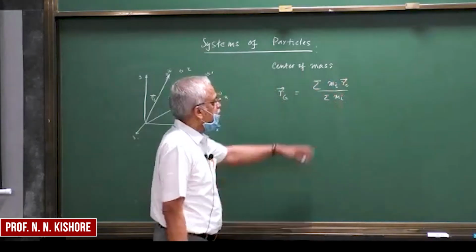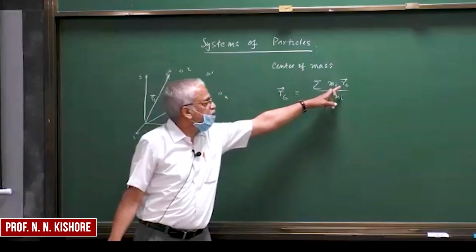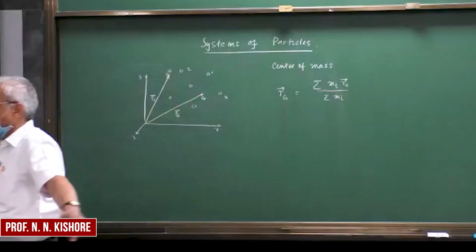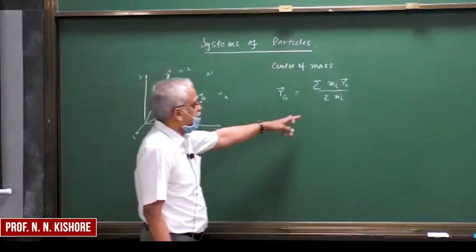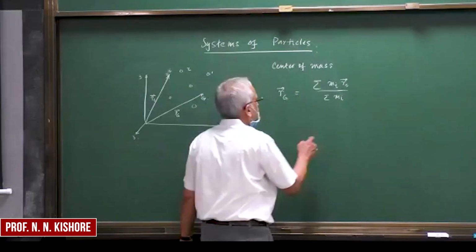this is how we take the moment of the mass. Okay, so Ri times mass about the origin, and then we divide by the total mass to get Rg. This is very important for us.